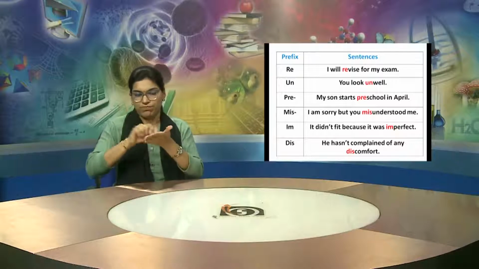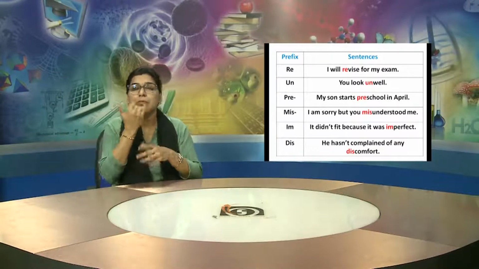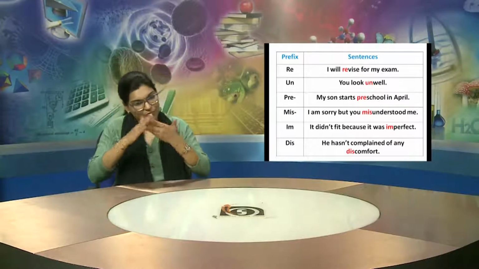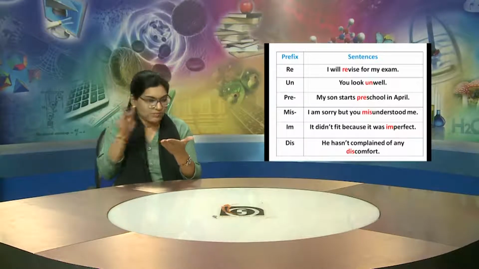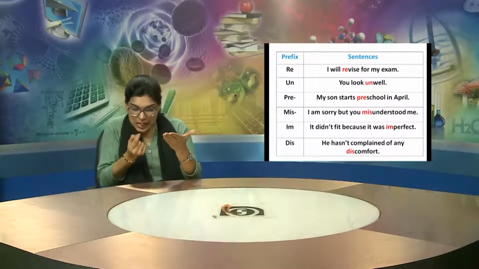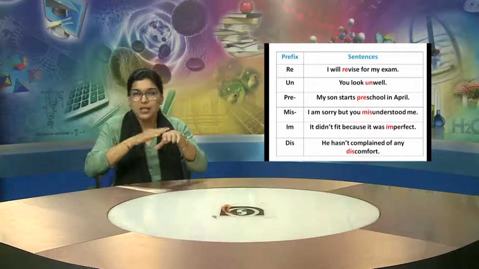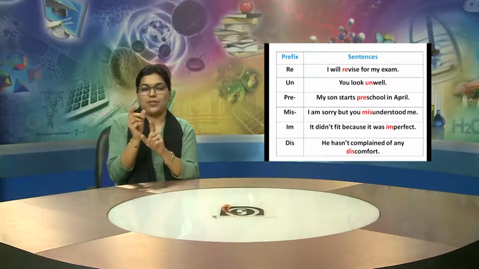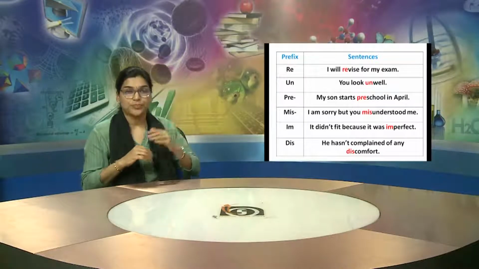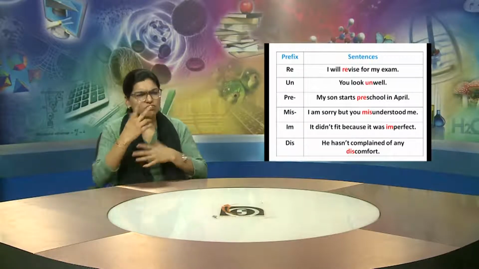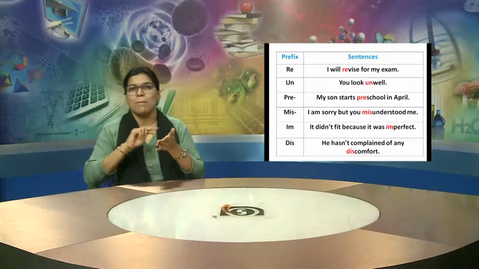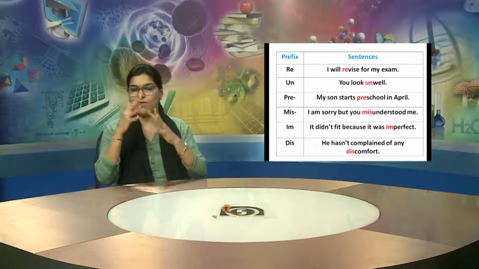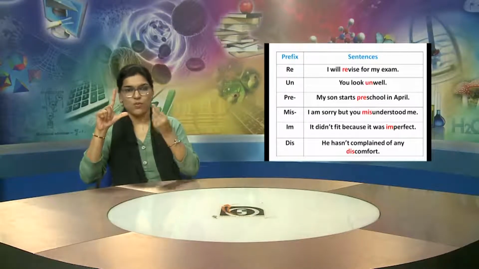Prefixes re. Sentence: I will revise for my exam. Next, prefixes un.